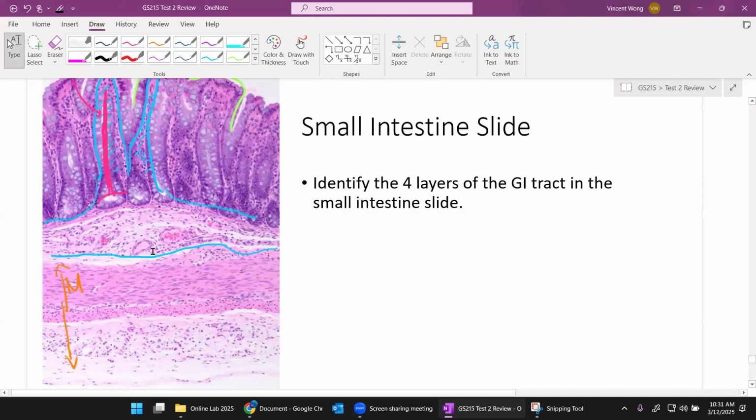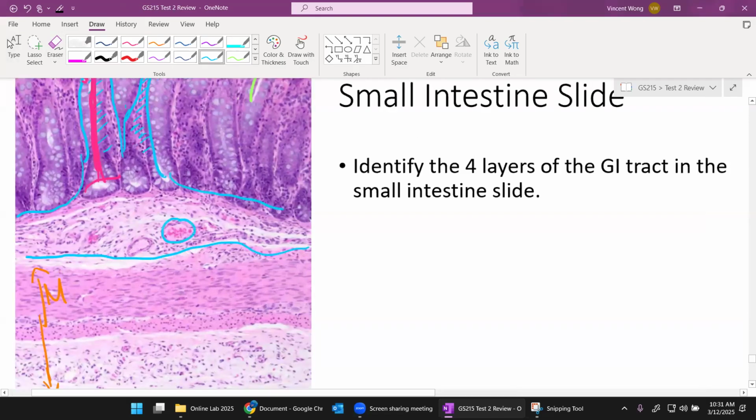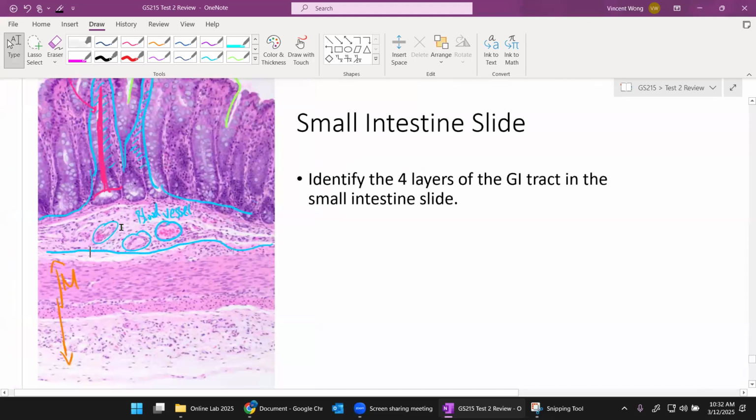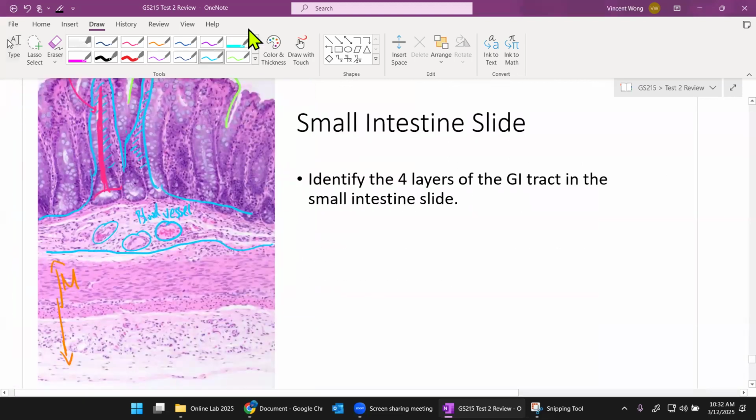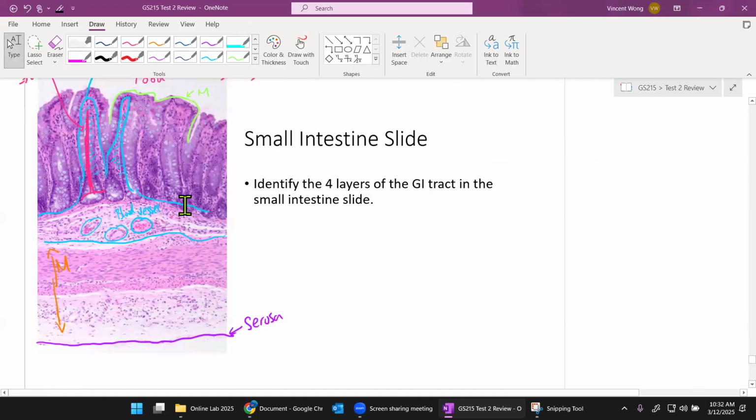You can see that these are blood vessels. There's still blood in it. There might be a vein right here, and then another blood vessel. So this whole blue thing extending upwards, that's the submucosa, and then you have the mucosa. And finally, the outermost layer, that's the serosa.